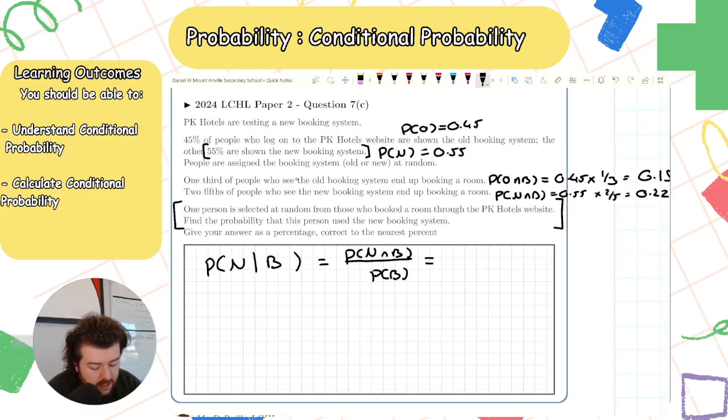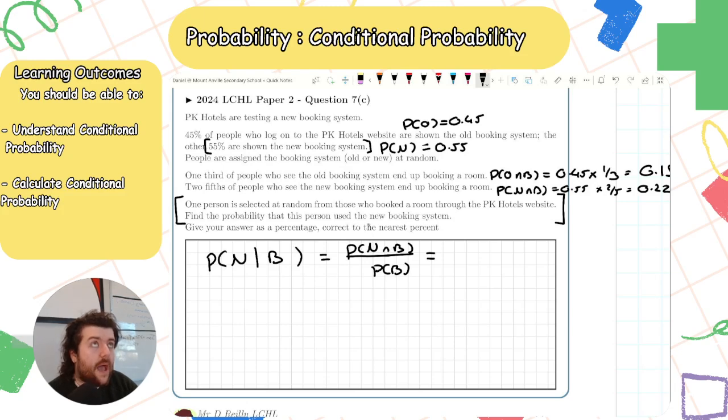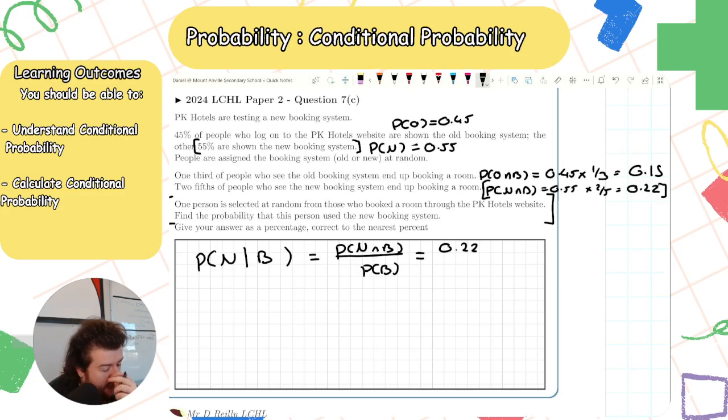So N intersection B. How many people used the new booking system and booked a room? Well, that is 0.22, which I calculated up here. Now I need to calculate the probability that they booked a room. Well, these are the only ways they booked a room, right?